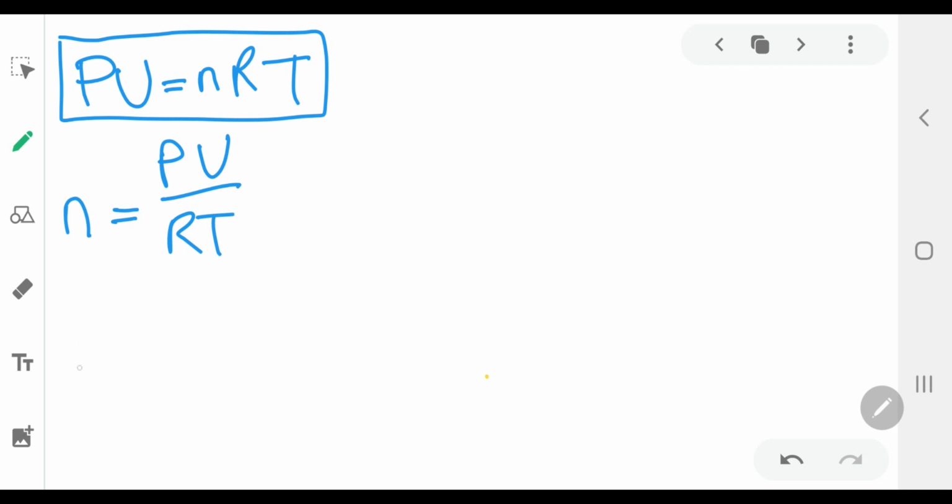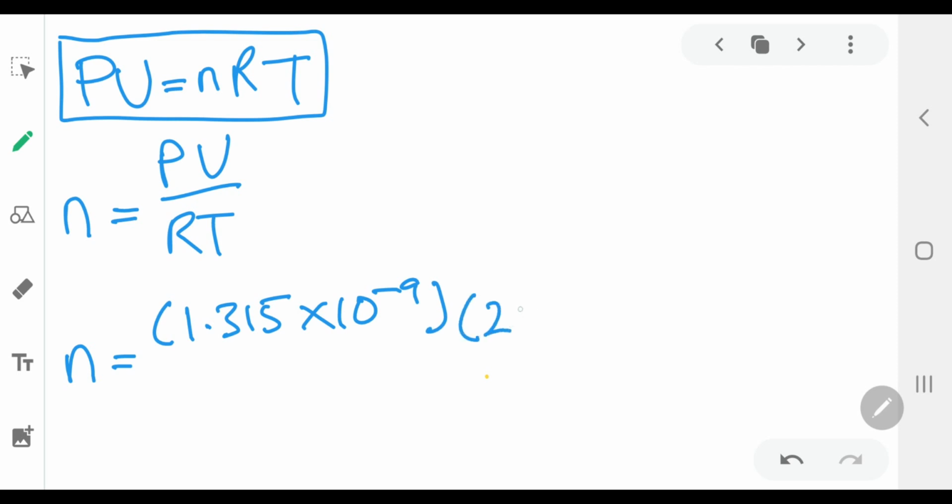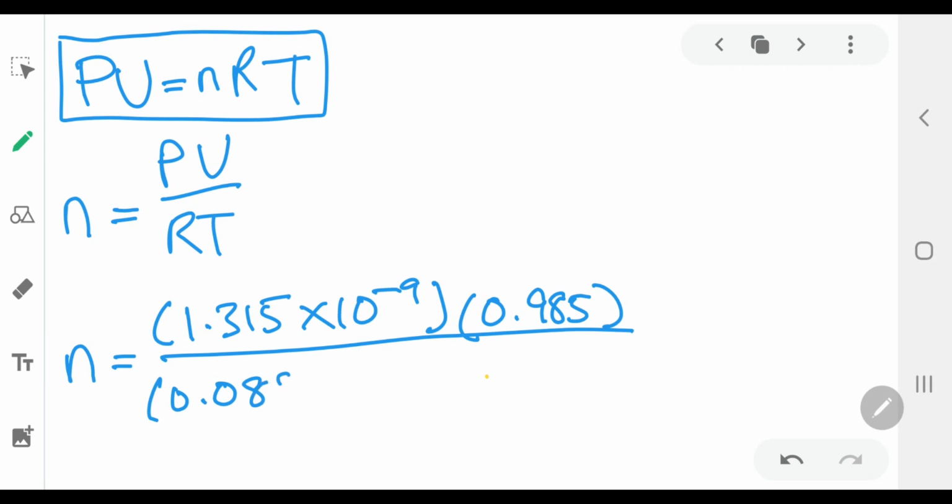So for n, the pressure is about 1.315 times 10 to the power of negative 9, times 0.985, that is the volume, over 0.082, and then we have 273.15.